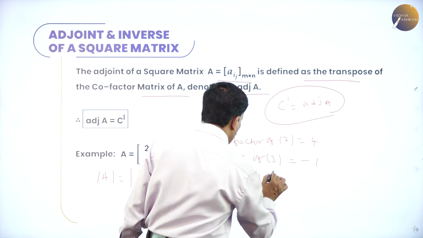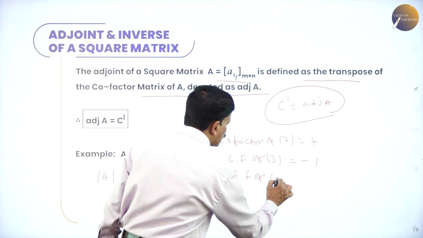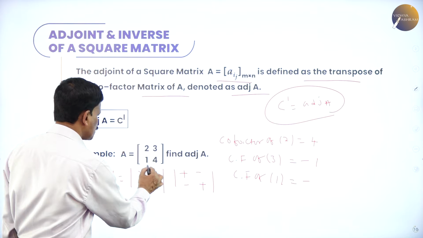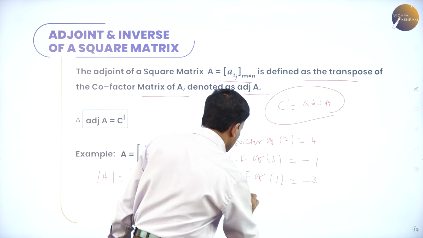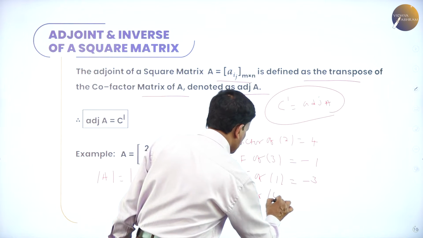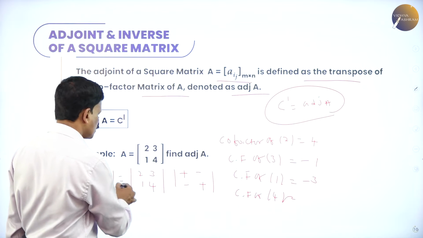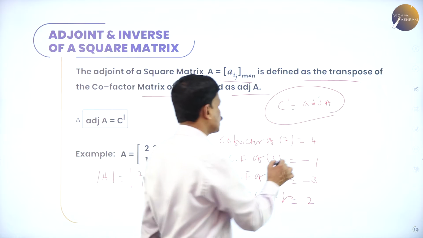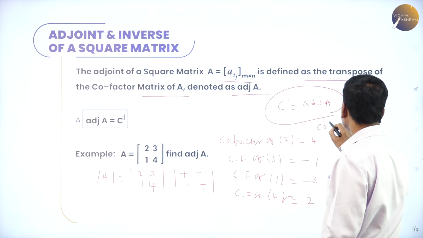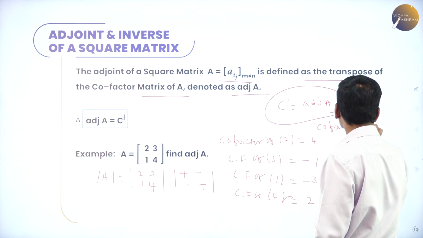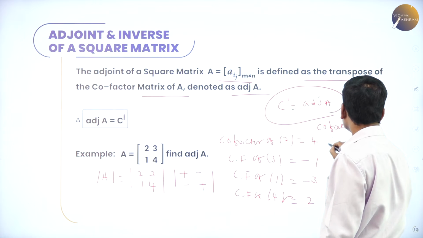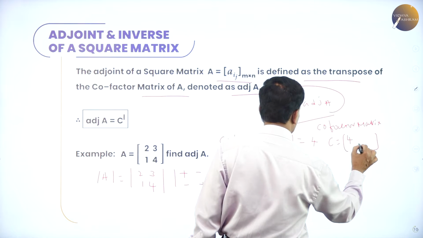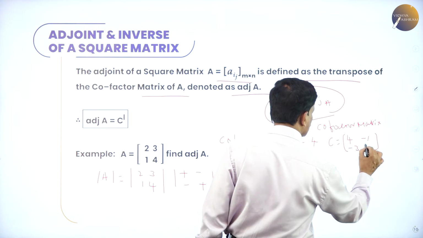Similarly, the cofactor of 1: what is the sign? Minus. This row and column are gone, you will get 3, so minus 3. And the cofactor of the last element 4: this row and column are gone, this is equal to 2. So, the cofactor matrix C is equal to [4 -1; -3 2].